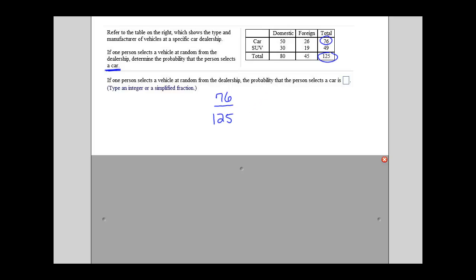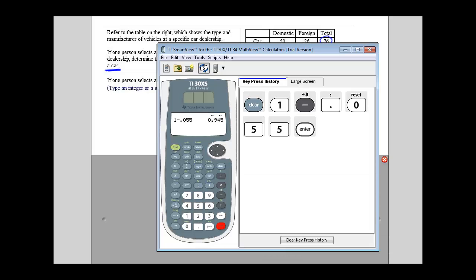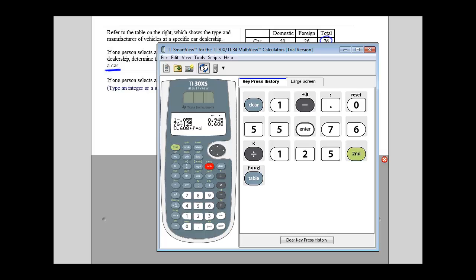Then we can use our calculator. 76 divided by 125. Here we have the decimal form, and then if we change that back to a fraction, it should give us the reduced fraction. And notice that the simplified fraction does stay at 76 over 125.